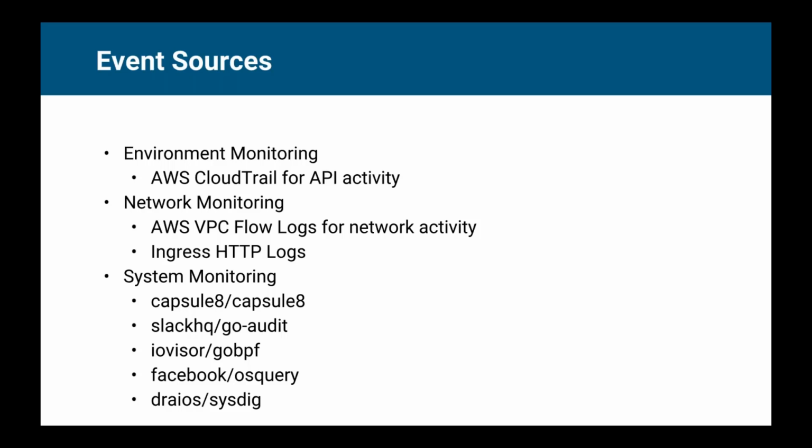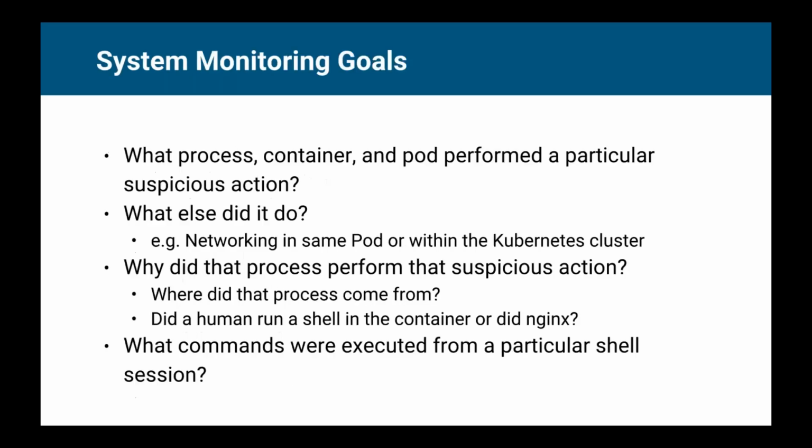GoBPF, also written in Go, an interface to the Linux eBPF facilities as part of the iovisor project. Facebook-sponsored osquery, a popular system to execute queries across your infrastructure and gather data. And the final option is Sysdig, which is commonly used for system visibility in Linux.